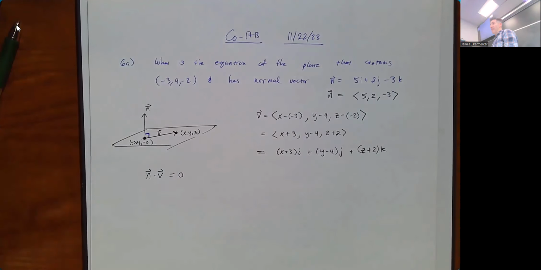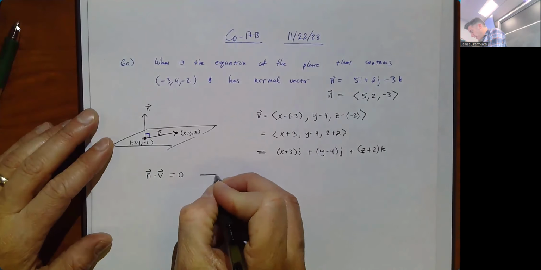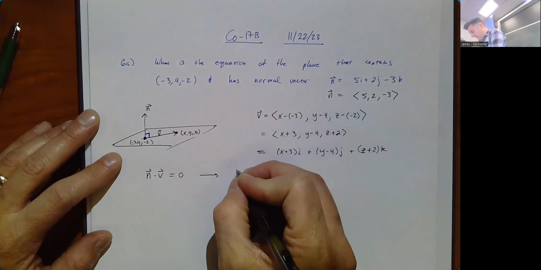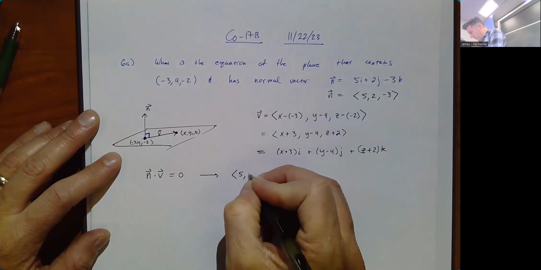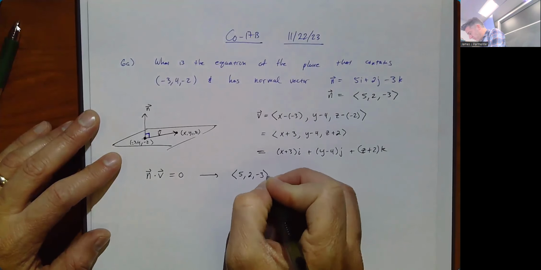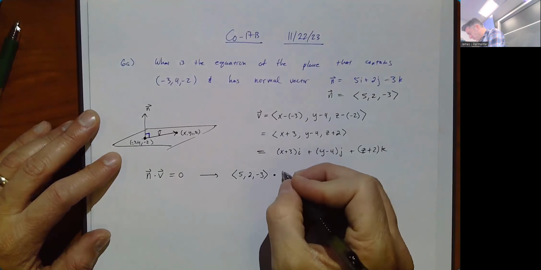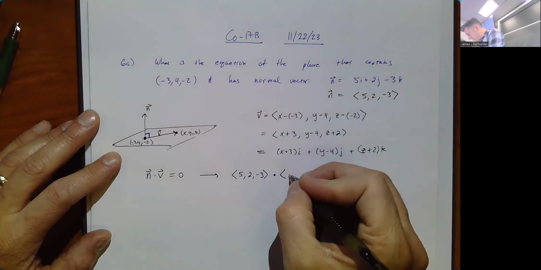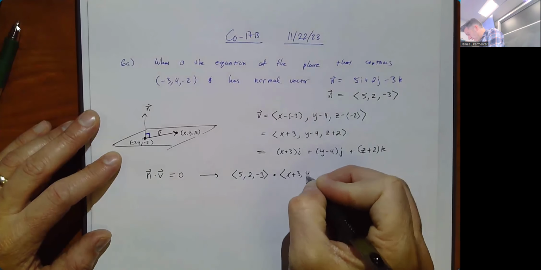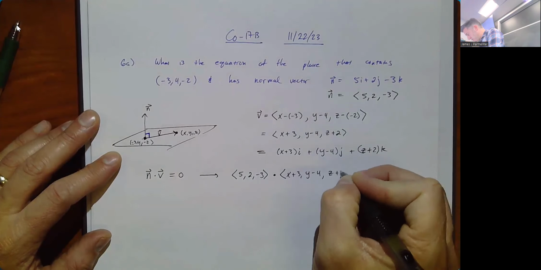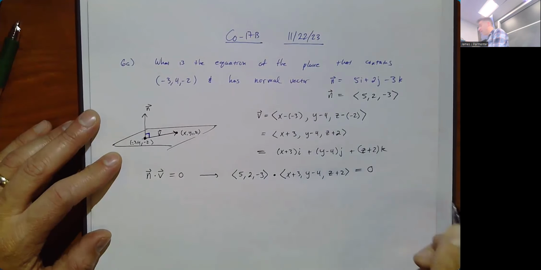But then we're actually going to write it out. So n dotted with v, well, n is the vector, and I like this notation better, 5, 2, -3, dotted with the vector that we just wrote here, x plus 3, y minus 4, z plus 2, and that should equal 0.